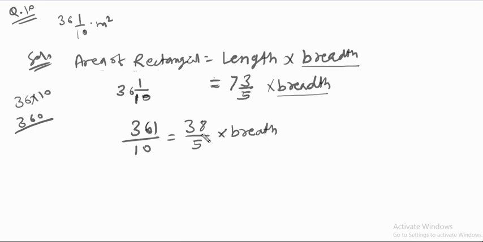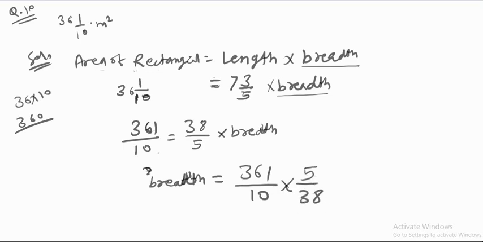When we transfer this to this side, we have to find the breadth. So we have to transfer this number to the other side of the equal sign. So it will go up and it will go down, right? Means cross multiplication. So I can write it this way. Breadth is equal to 361 upon 10 into 5 upon 38, right?